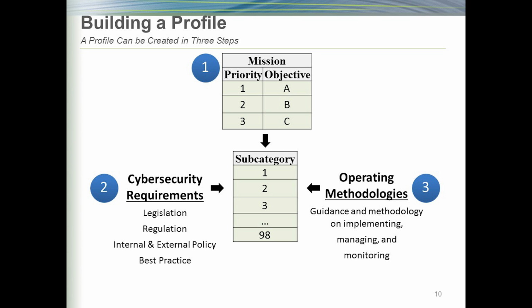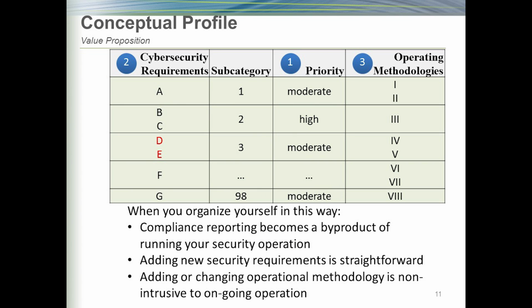When you're done, conceptually, you'll have something that looks kind of like this, overly simplified for the slideware. You can see where the mission priorities get transposed into the cyber priorities associated with number one. The cybersecurity requirements get mapped in associated with number two, and then your operating methodologies.